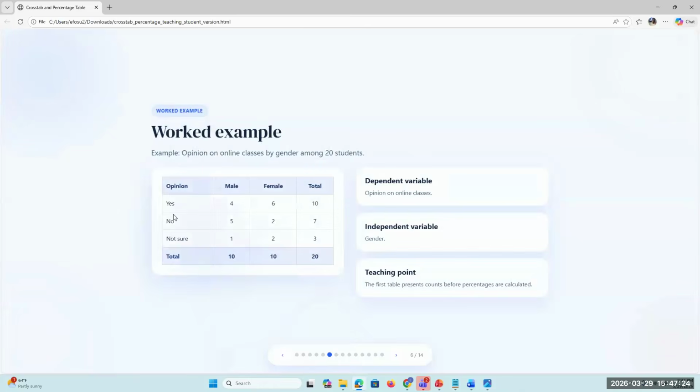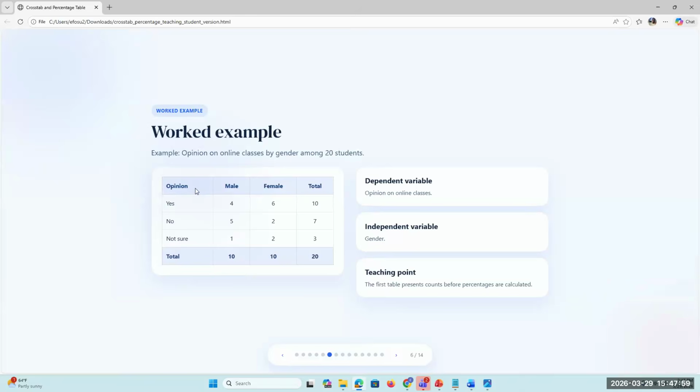So the side where you see opinion, downwards, is our what? Row. So where you see opinion, where you see yes, no, not sure, is the row. Do you get me? Where you see the male and the female is what? Is the column. Do you get me?